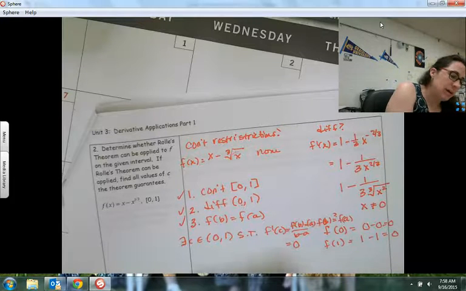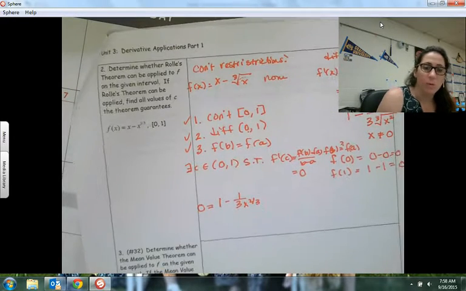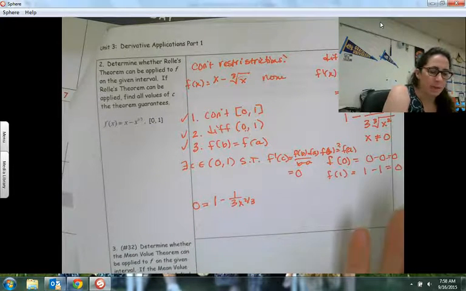Okay, so let's go do that. I'm going to set f prime of x equal to 0, and we said that was 1 minus 1/3 x to the 2/3. Now when I do this, I'm going to go ahead and get a common denominator because I don't want to lose out on any of my values by making it too easy.